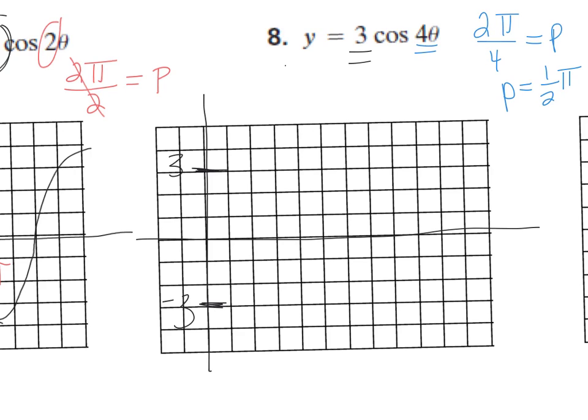Then I mark off pi over 2. So here's 1, 2, 3, 4. This is going to be pi over 2. Half of pi over 2 is pi over 4. So when I do a cosine function, this is going to start high. So it's going to be max, 0, min, 0, max.